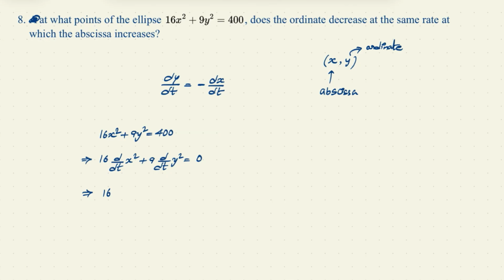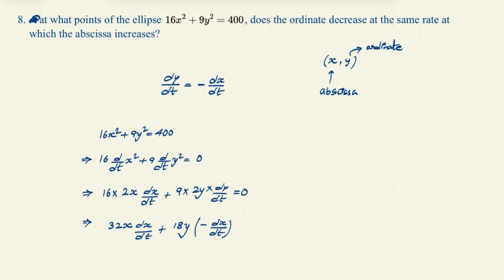So here it will be 16 into 2x dx over dt plus 9 into 2y into dy over dt equals 0. Now 16 twos are 32x dx over dt plus 18y. Let us put the value of dy over dt as minus dx over dt.